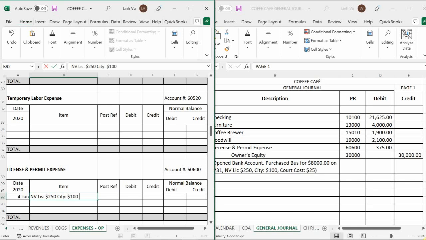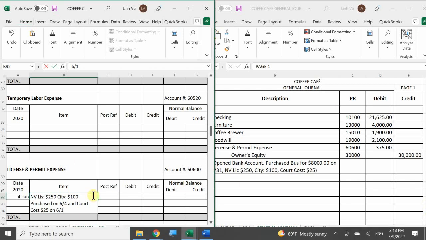Which we purchased on the 4th. On June 4th. And court cost to be $25 that we spent on June 1st. Okay.